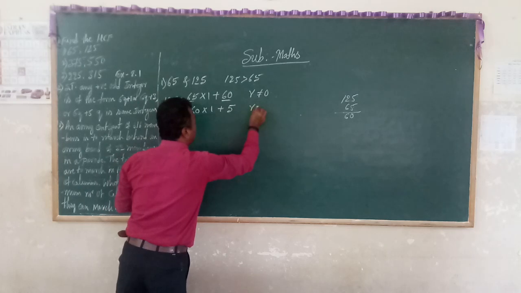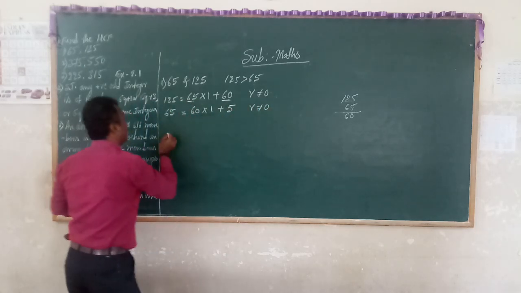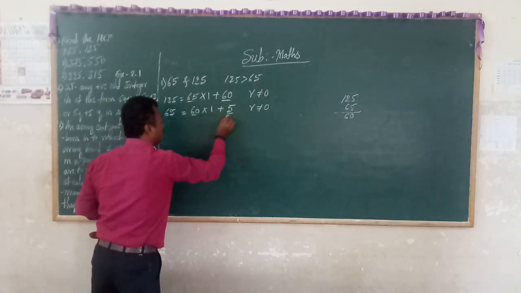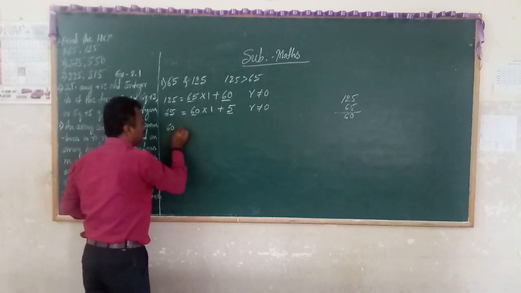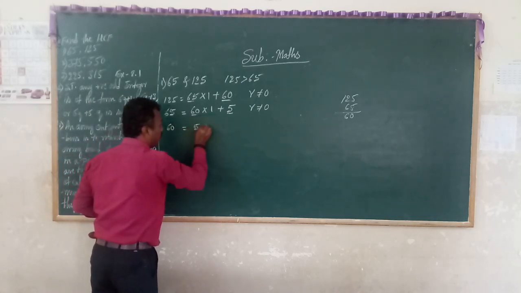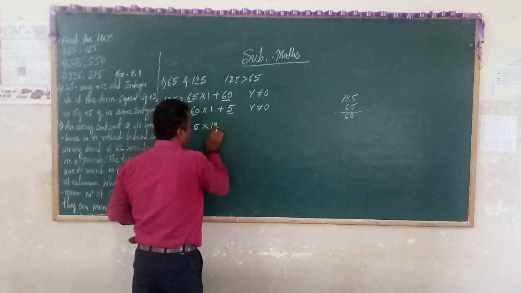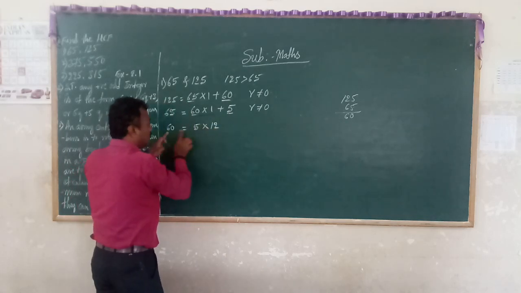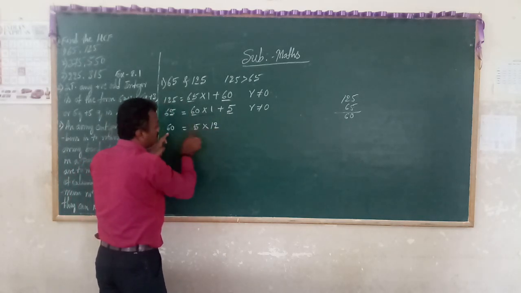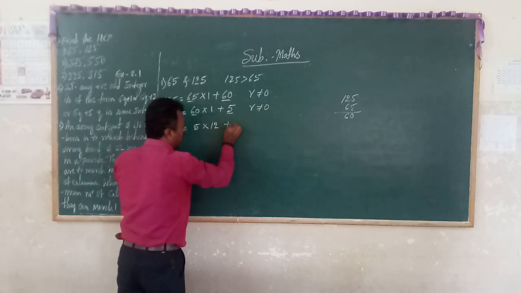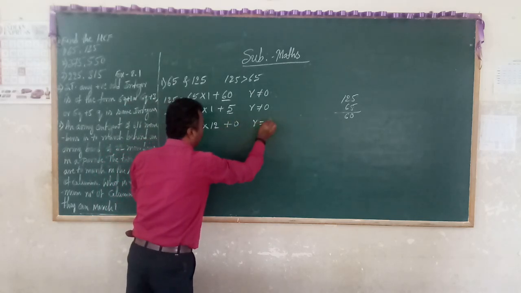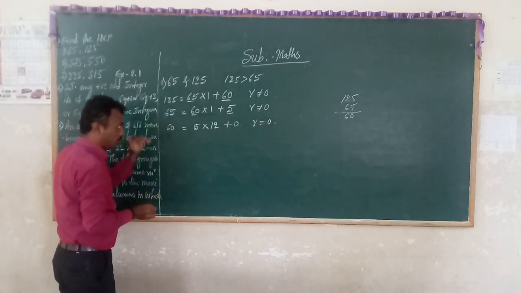Then again r is not equal to 0. Again apply the EDL for 60 and 5. 60 is equal to 5 into 12. 12 fives are 60. 60 minus 60 is equal to 0. So therefore the remainder is equal to 0. Therefore r is equal to 0, and we have to stop this process.